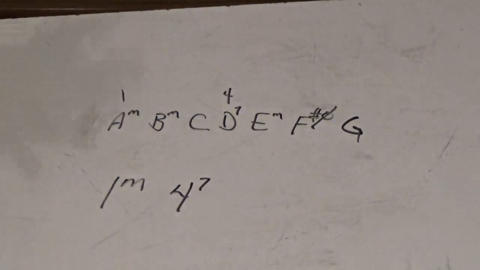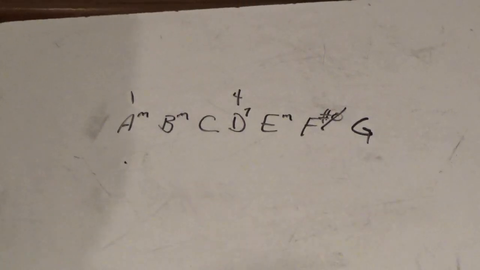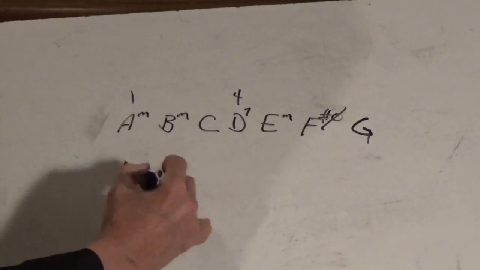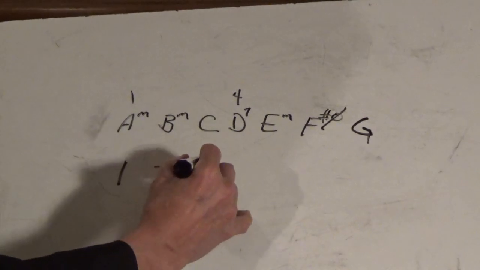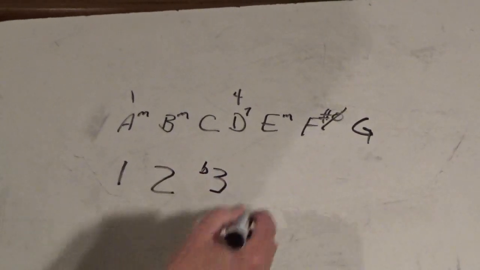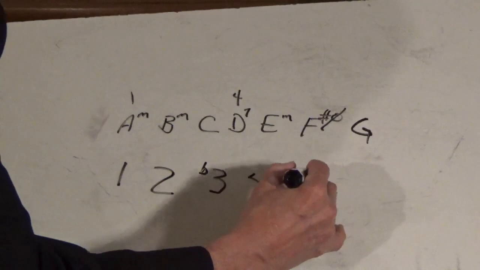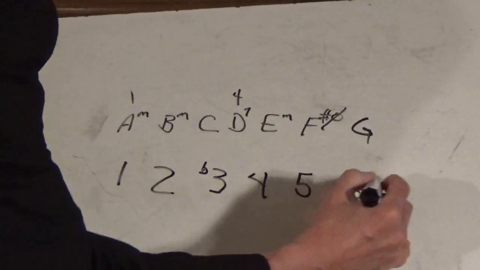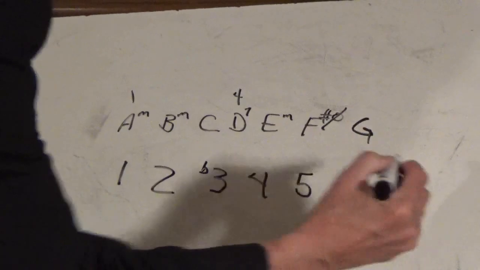Now, you will hear people say things like the A Dorian scale is the G major scale starting on A. And that is true. However, I want to think of it as 1, 2, flat 3, 4, 5, 6, and flat 7.